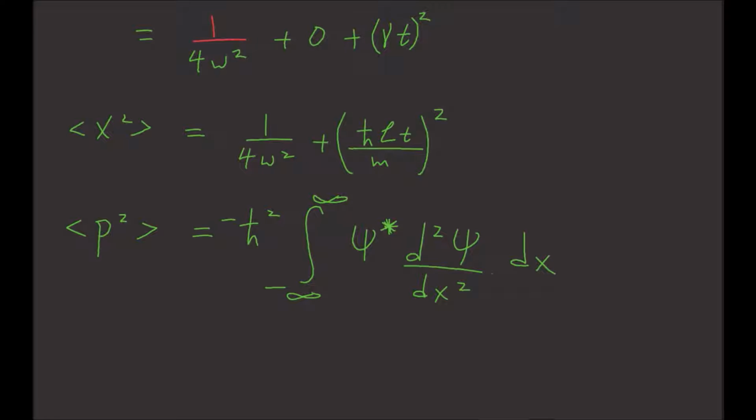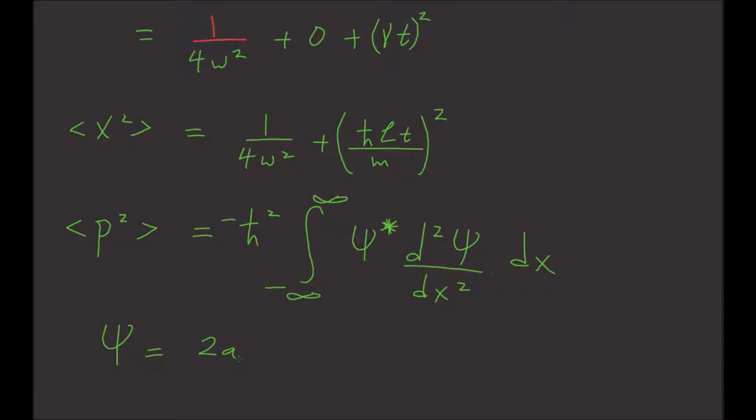So now let's look at psi, and let's take one x derivative of psi, and then after that we have to take a second derivative of psi with respect to x, and then we put them together, integrate, and then we get our expectation value of the momentum square. So now let's look at psi.